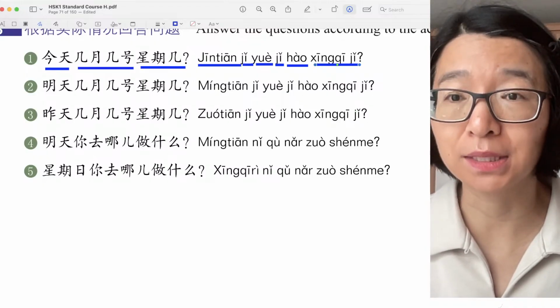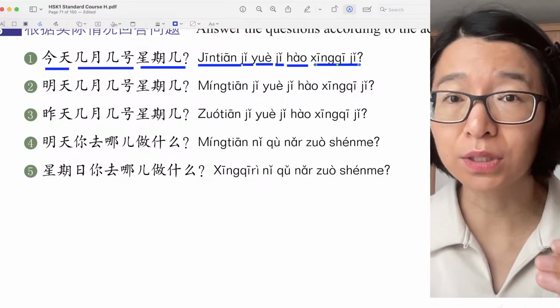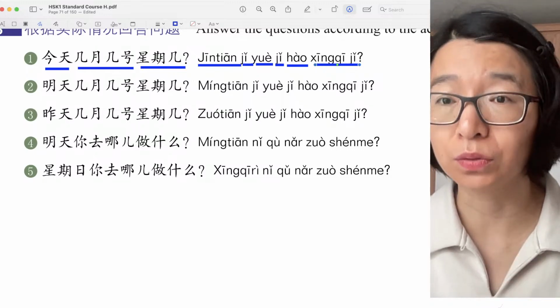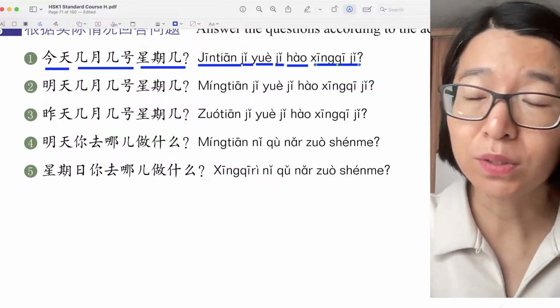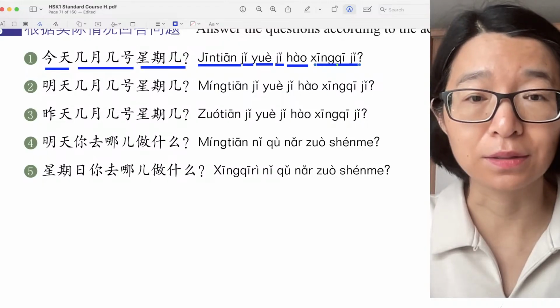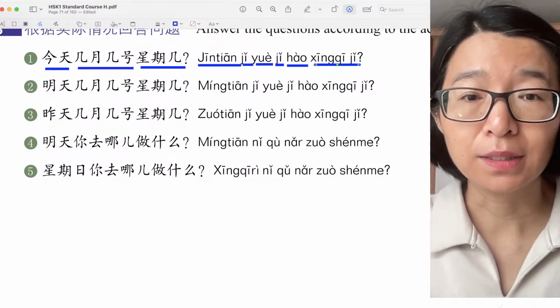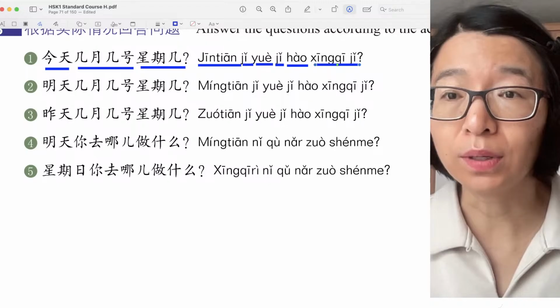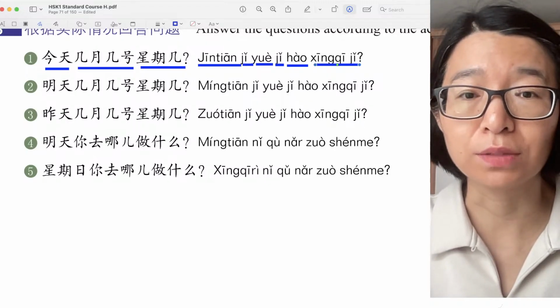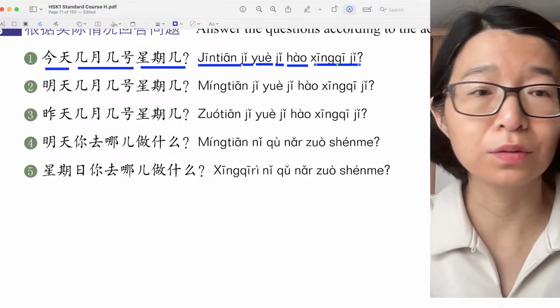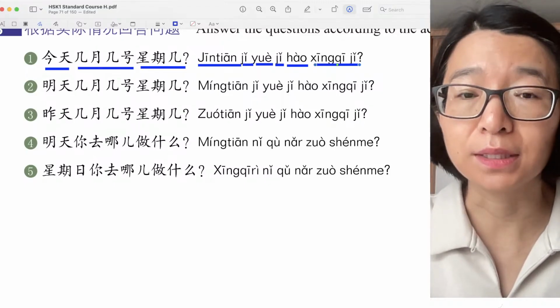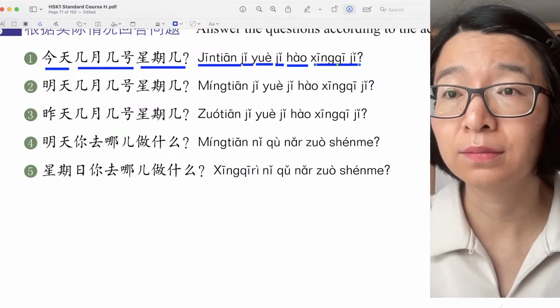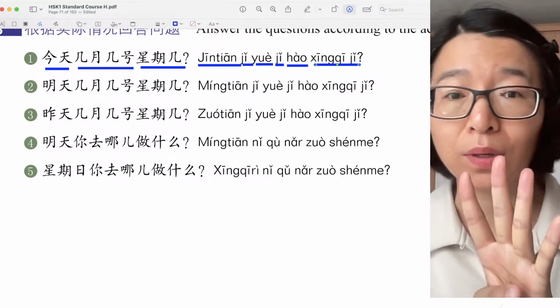Very easy, because in Chinese, the question and answer follow the same order. So we just follow the same order. Let's answer it. 今天几月? Okay, first answer this question. To answer, we just say 今天4月, right?